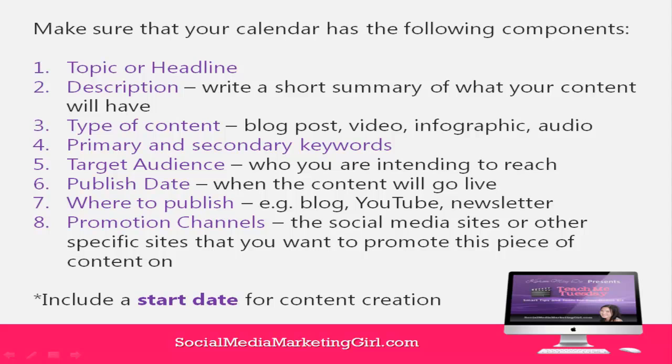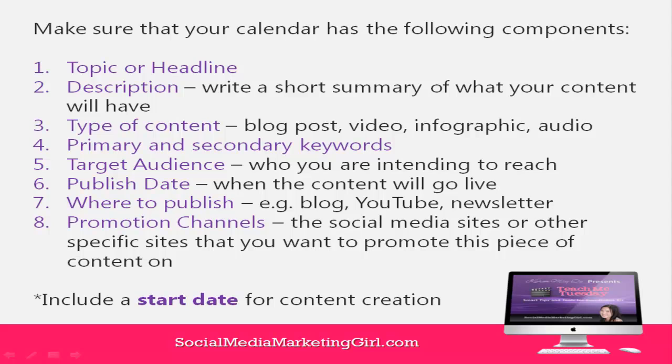Okay, so whether you are making weekly, monthly, or yearly content calendars, you need to make sure that your calendar has the following components. The first one is the topic or the headline. You can decide whether you want to enter a broad topic or the exact headline for the content piece. The second is the description. Write a short summary of what your content will have.